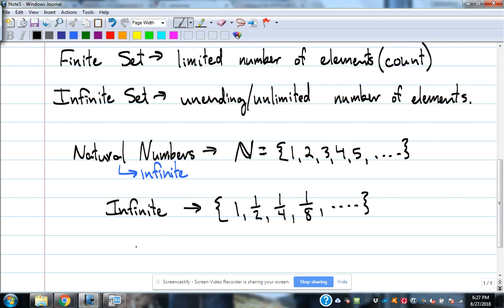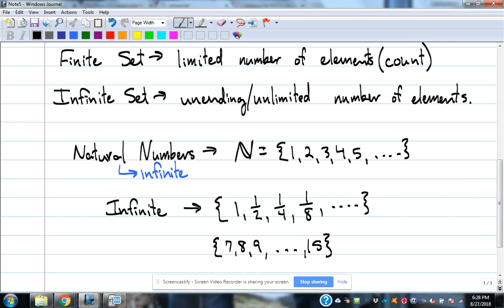Here is another set: 7, 8, 9, ..., 15. What's the pattern going on in this one? They're just getting the numbers from 7, 8, 9, and so on, up to 15.